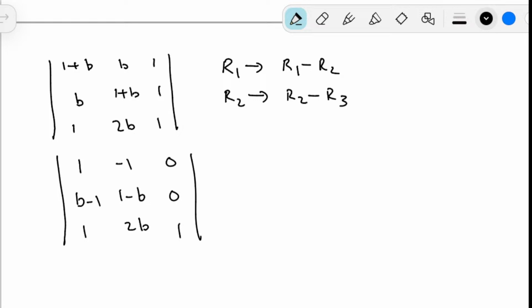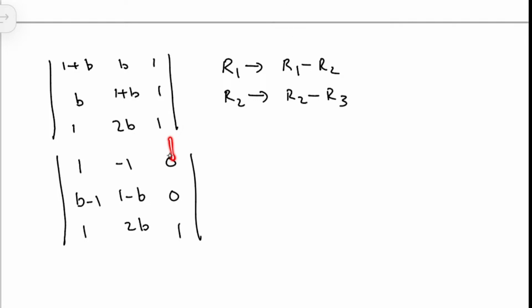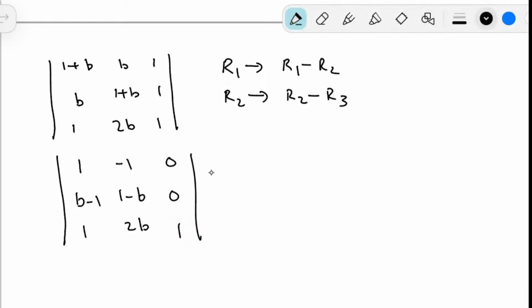So we can calculate the determinant along this column since there is only one non-zero element here. This is the third row and third column, so we get the positive value itself, 1 into the determinant of 1 minus 1, b minus 1, 1 minus b.